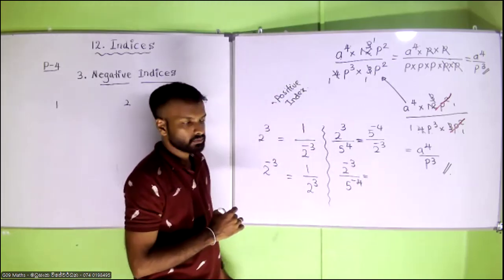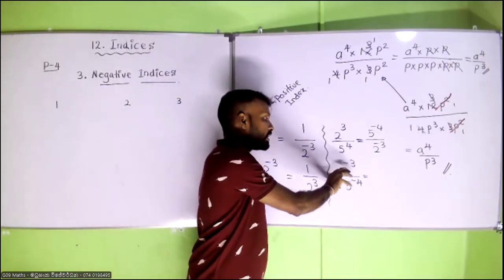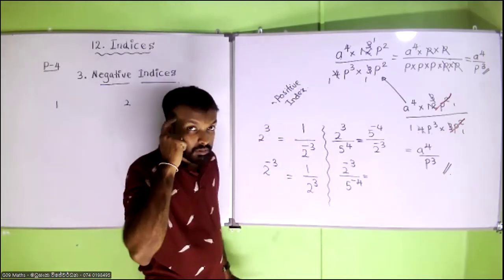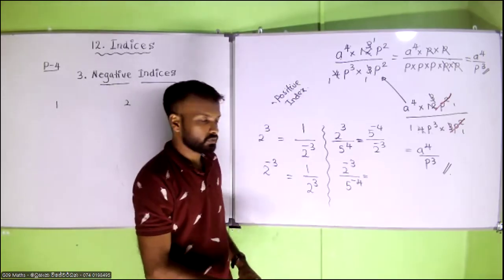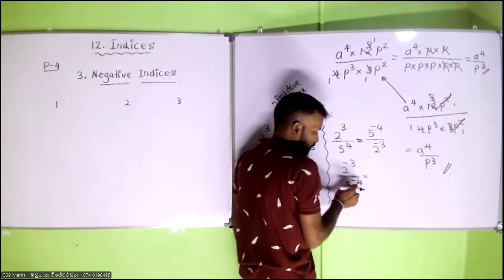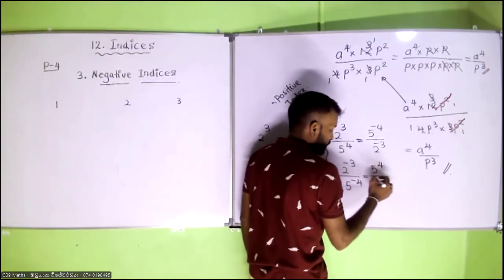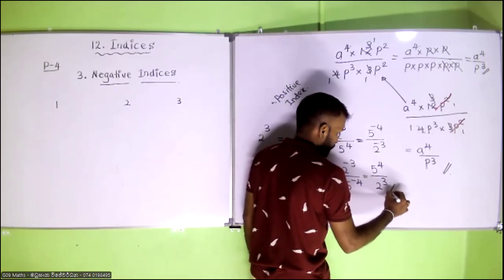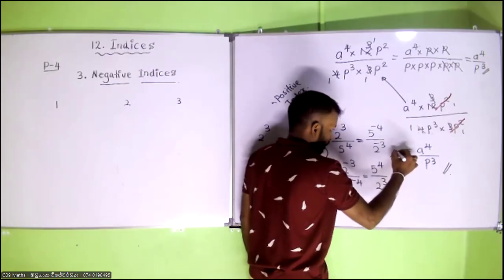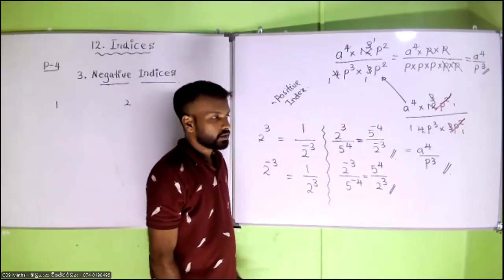And how we are going to make sure that you have positive powers? Mind should say, please take the reciprocal, then it is positive. 5 to the power minus 4, 5 to the power positive 4, divide by 2 to the power minus 3, 2 to the power positive 3. And don't write.